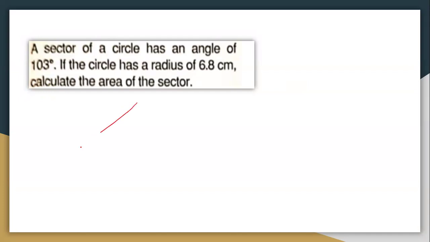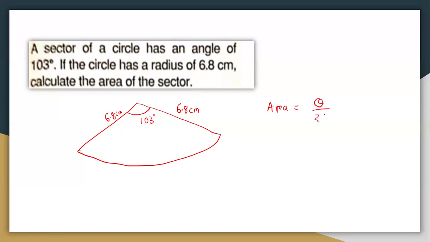First, we sketch our sector, and we put in our angle, which is 103 degrees, then our radius that they have given us, which is 6.8 centimeters. Remember, the radius is on two sides, the other side and the other side. Then we are going to use our formula for the sector, which is theta over 360 times pi r squared.